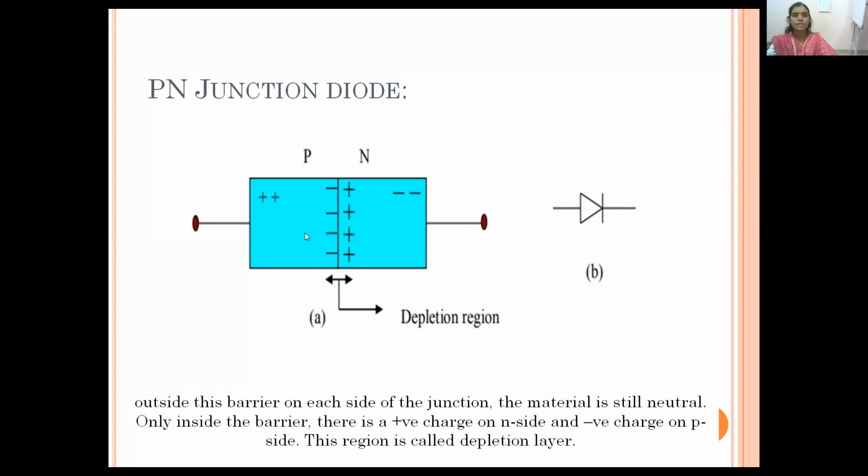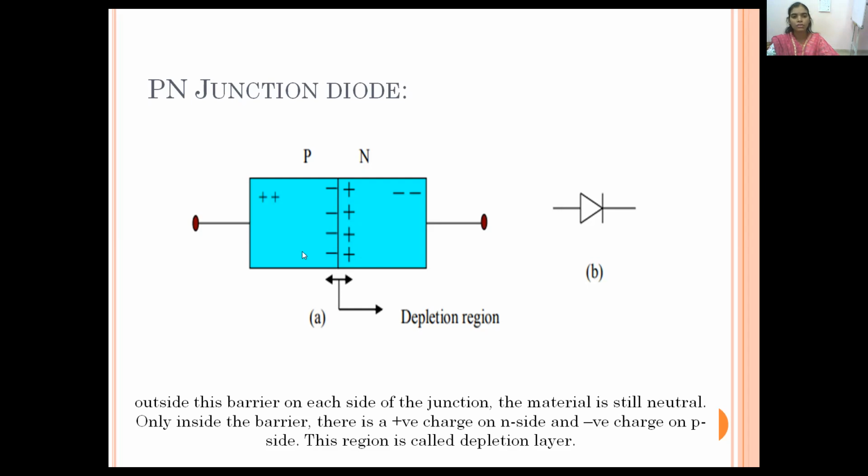Suppose these two pieces are suitably treated to form a p-n junction, then there is a tendency for free electrons from the n-type to diffuse over to the p-side, and holes from the p-type to the n-side. This process is called diffusion.